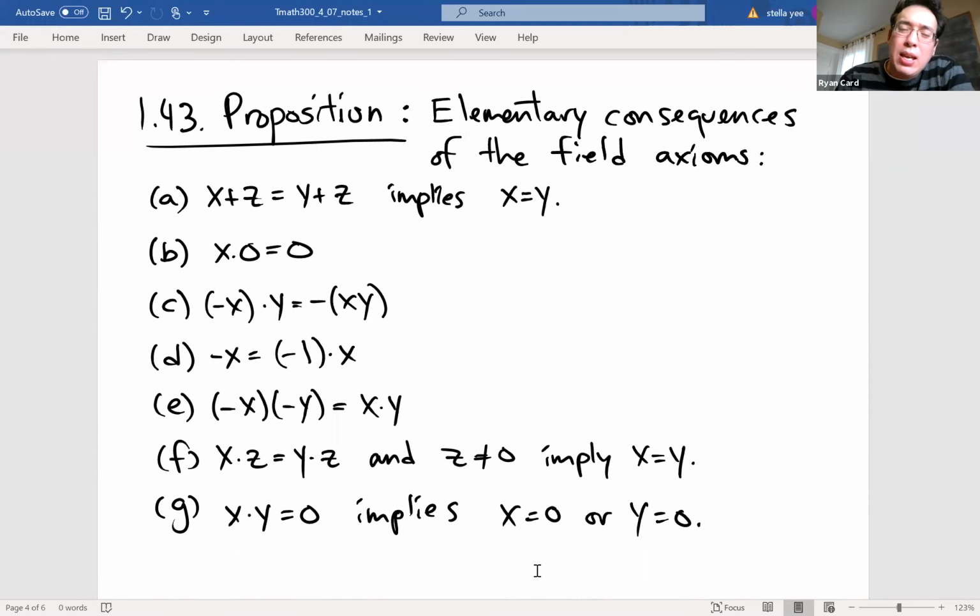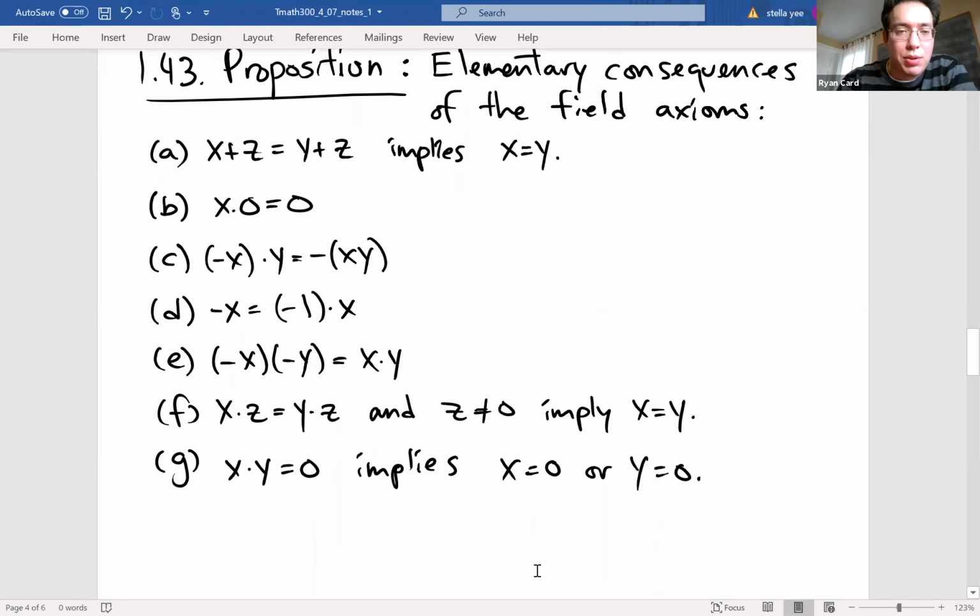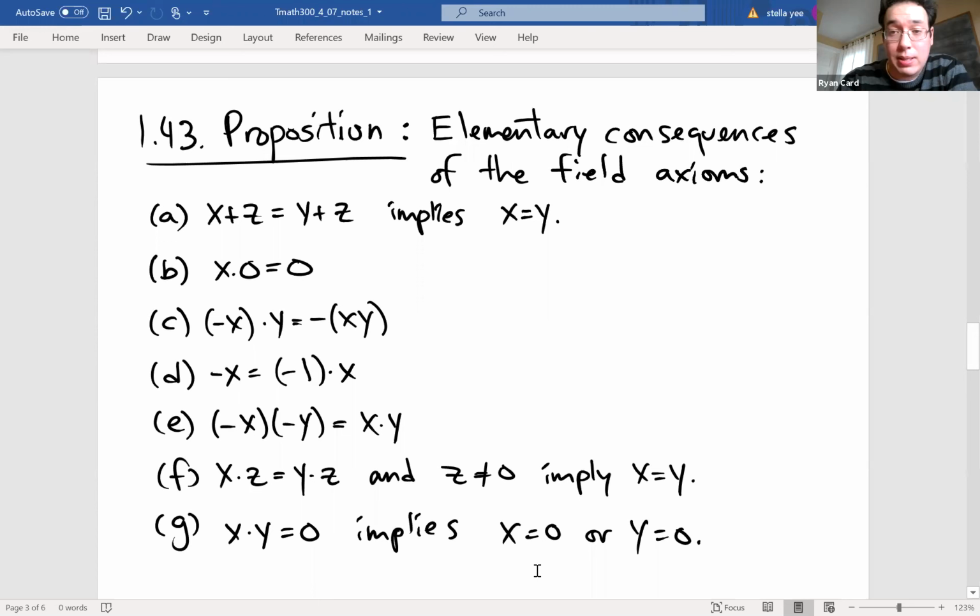These have to be true if we accept those rules. You don't have to accept any more axioms to prove these things. I'm going to prove some of these. Actually, I think I'm going to prove all 7 of these, and then ask you to try to prove the rest on your own.